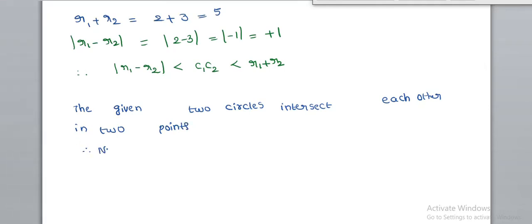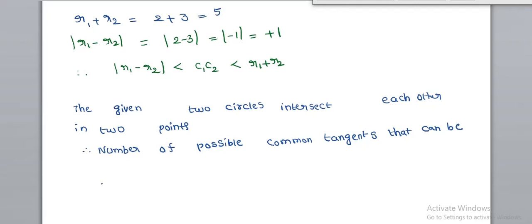So therefore, the number of possible common tangents that can be drawn to the circles are 2.